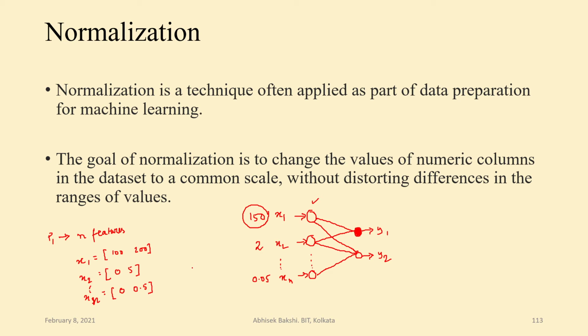A pattern is represented by all the features, and in fact each and every feature should have the same importance. And we can see that this similar importance is not possible to represent if we have a very large value in a particular feature and a very small value in another feature. So according to this situation, I can easily say that x1 will always dominate xn, only because of this range.